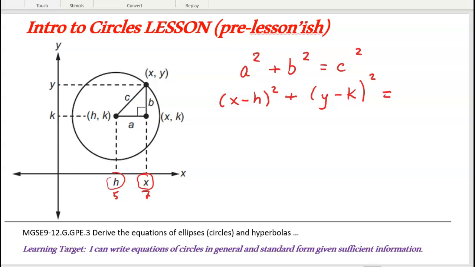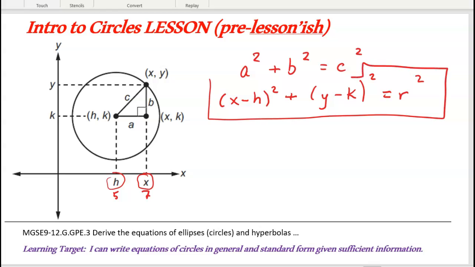And that's going to equal C, which in this picture is the same as the radius, so I'm going to call C R. So we see that this formula comes literally straight from the Pythagorean theorem coordinatized. So we just dropped a circle, we built a right triangle, and we derived the formula.